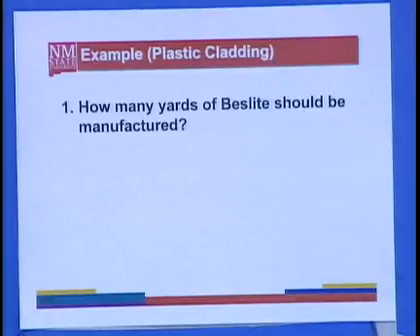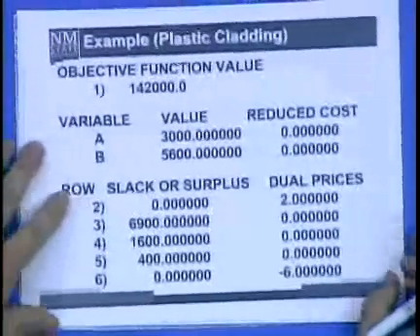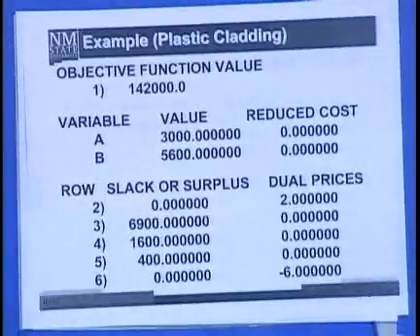Okay, question number 1. How many yards of bakelite should be manufactured? What is the answer? 5,600. Probably looks like it's too easy to answer the question, right? B is the number of yards of bakelite produced.